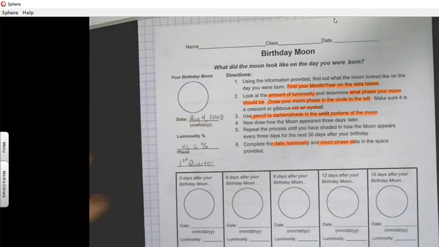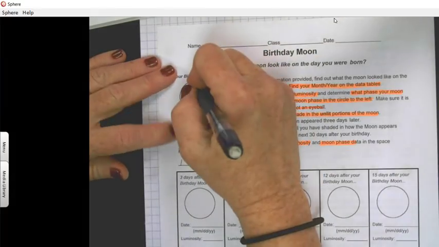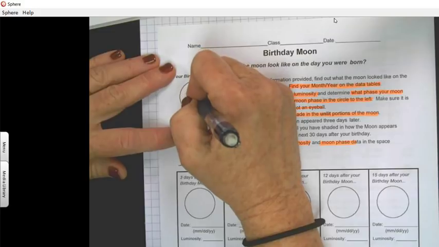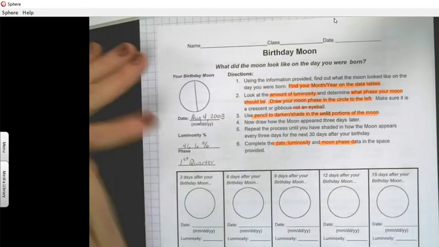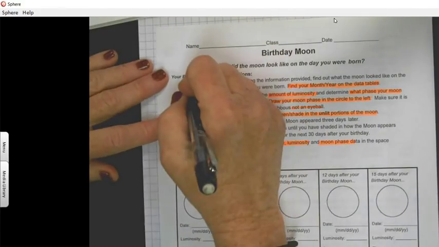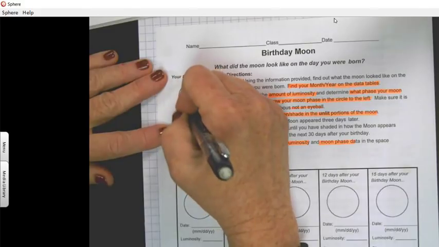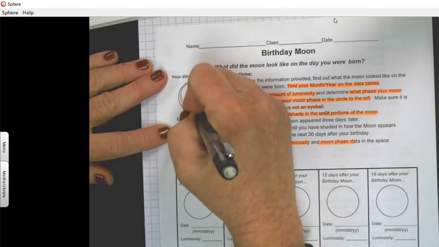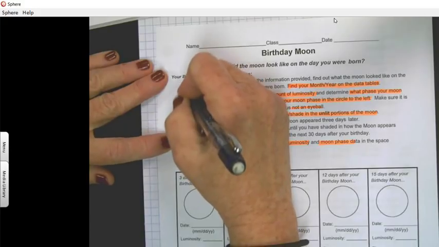All right, so that means then that I need to go in and shade in my moon phase. If it's waxing, remember I'm putting the light on the right, so therefore on the left I'm going to shade in my moon phase here with the unlit portion.